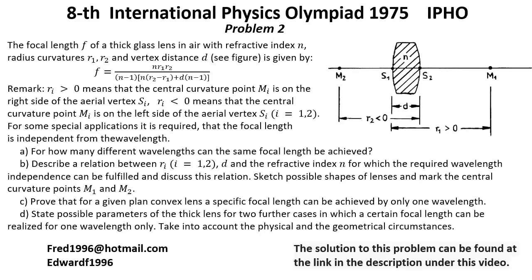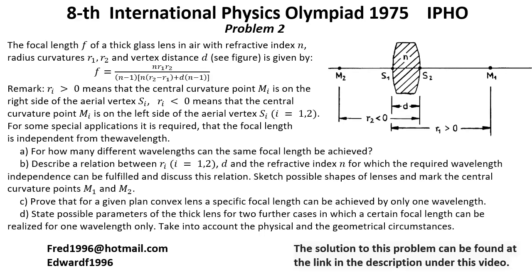Question B. Describe a relation between Ri, where i equals 1 or 2, d, and the refractive index n, for which the required wavelength independence can be fulfilled, and discuss this relation. Sketch possible shapes of lenses and mark the central curvature points M1 and M2.